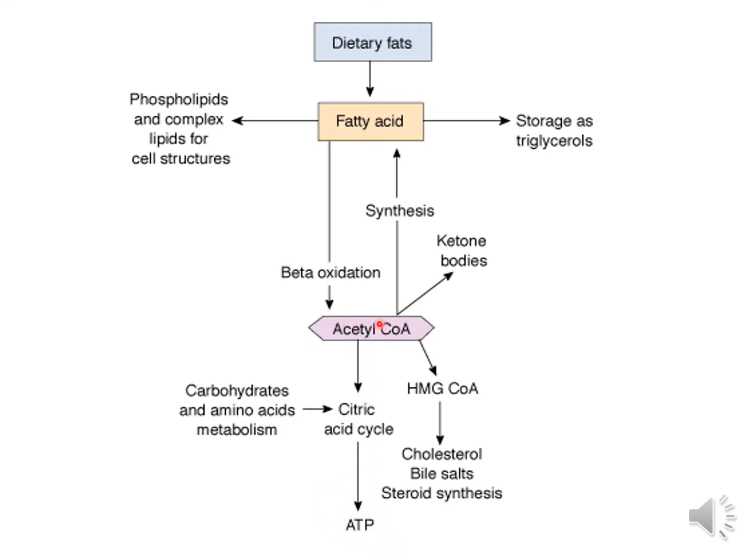They can be converted to cholesterol, bile salts, and steroid biosynthesis. They can be converted to ketone bodies to transport energy to other tissue, and acetyl-CoA can synthesize fatty acids again for storage or to make phospholipids.